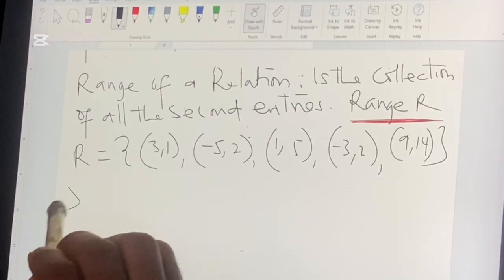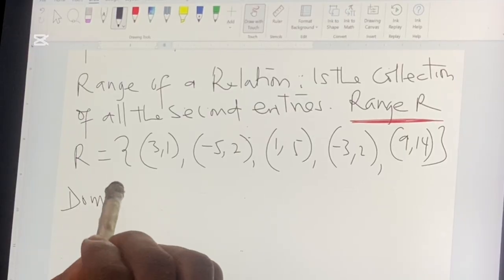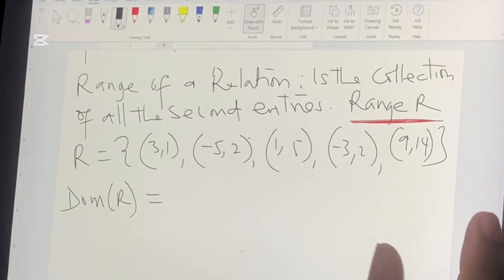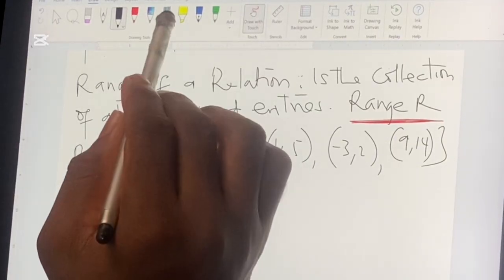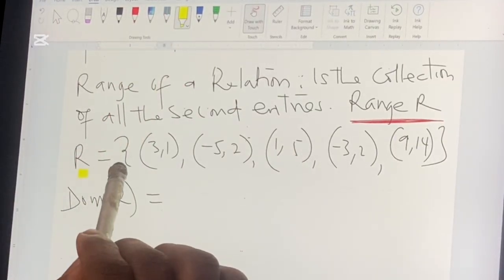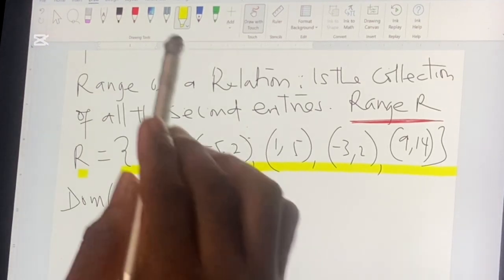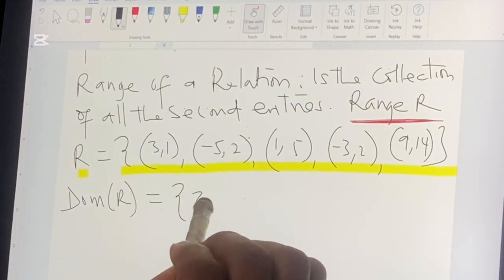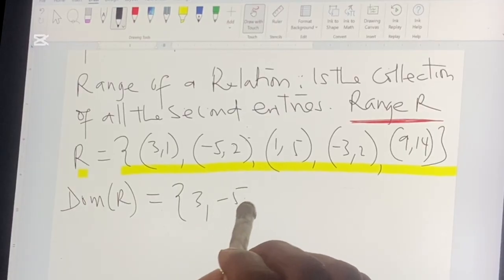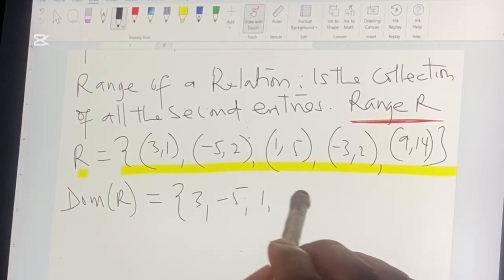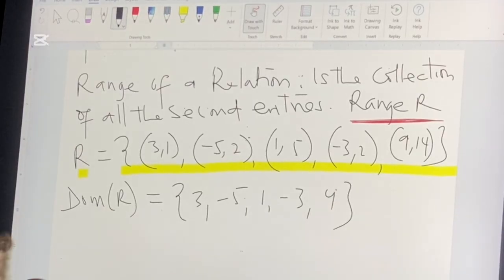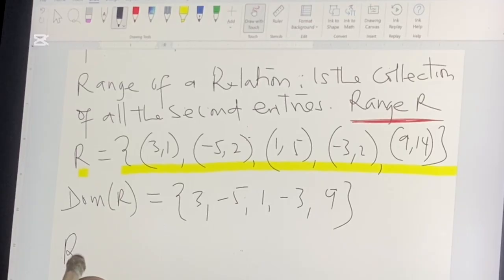Remember, domain is a collection of the first entries, that is the first member in each pair. So when you collect the first members in this relation, we have the set of 3, -5, 1, -3, 9.